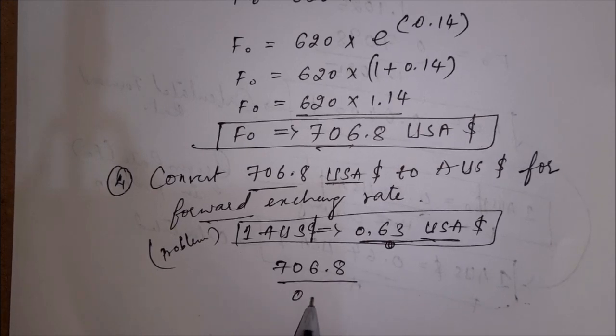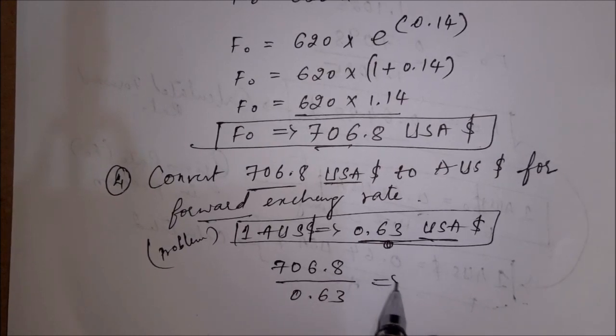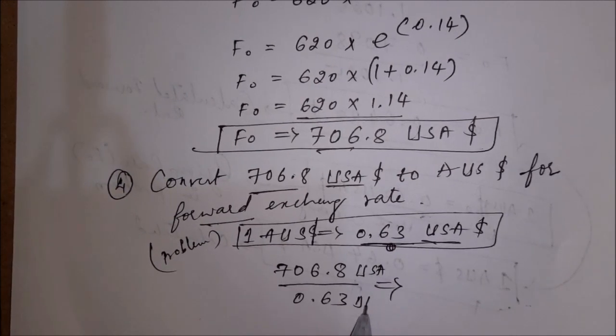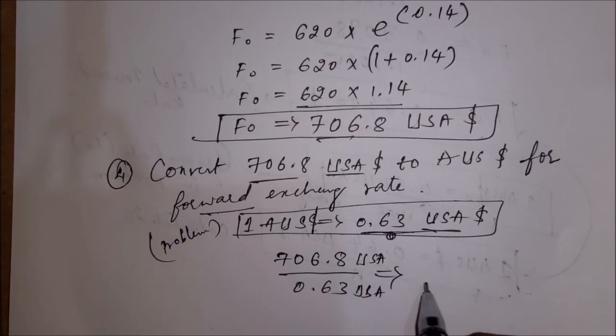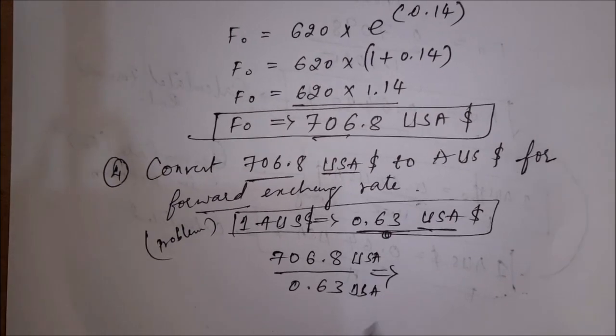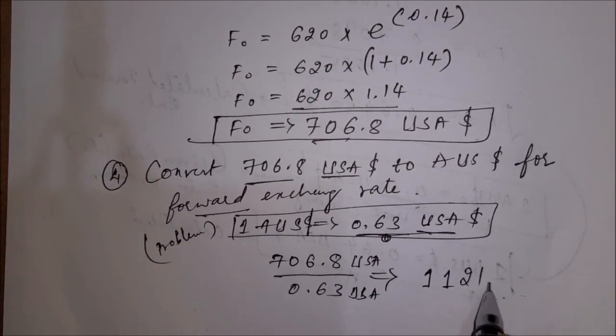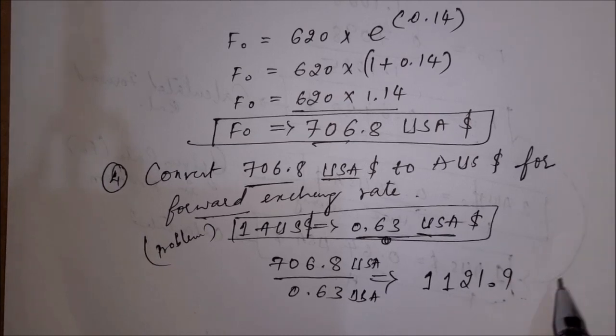USA dollar, same currency is there, so we will divide here. After dividing this, 706.8 divided by 0.63, we will get 1121.9. It is in terms of which currency now? It is converted to Australian dollar.